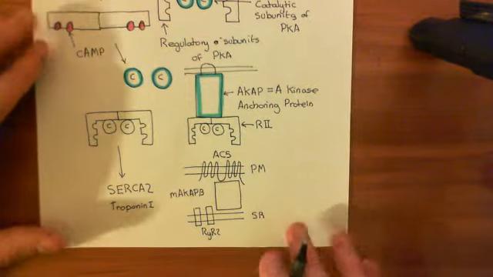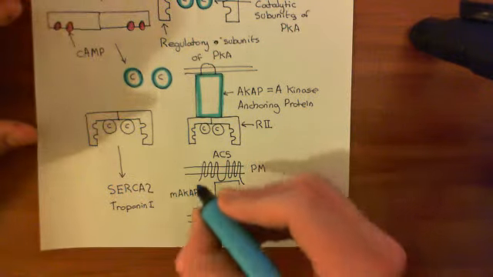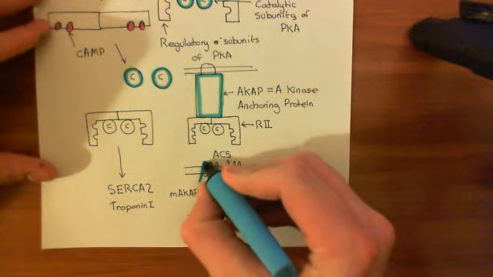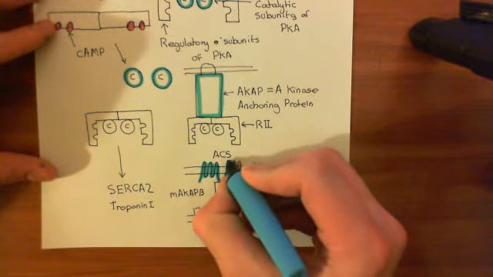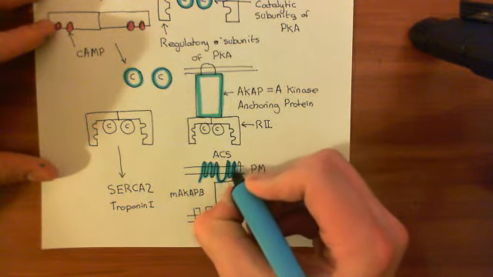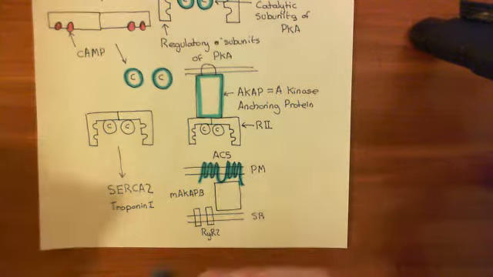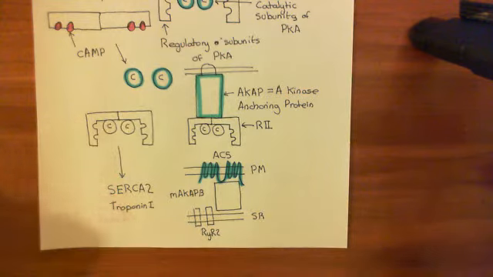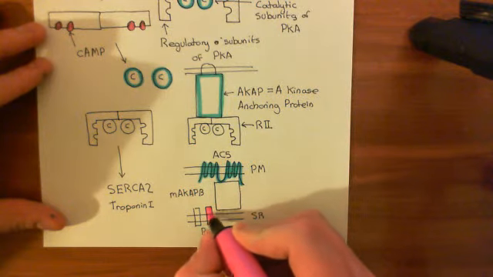So remember, we had these two forms of adenylyl cyclase in the heart, adenylyl cyclase 5 and adenylyl cyclase 6. But the one it specifically likes to form complexes with is this adenylyl cyclase 5 form. Okay, so it binds to the adenylyl cyclase 5, which will produce cyclic AMP when activated by the alpha-S GTP subunit, and it also binds to this type 2 ryanodine receptor down here.